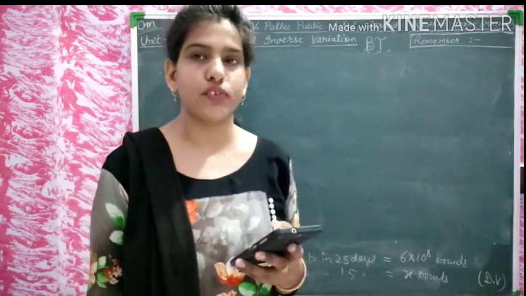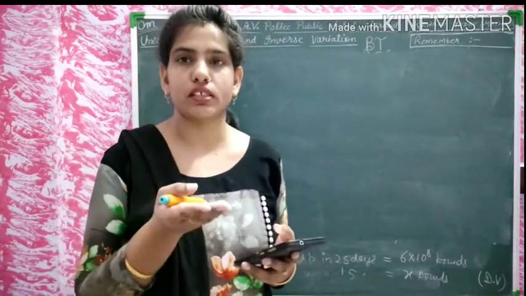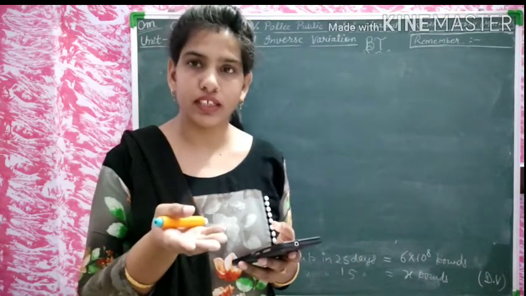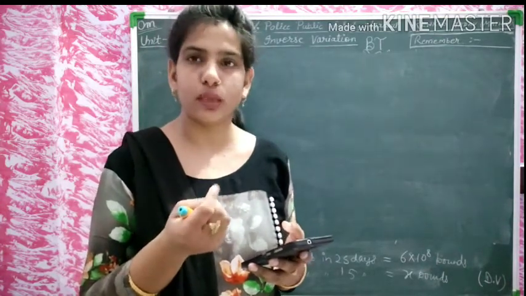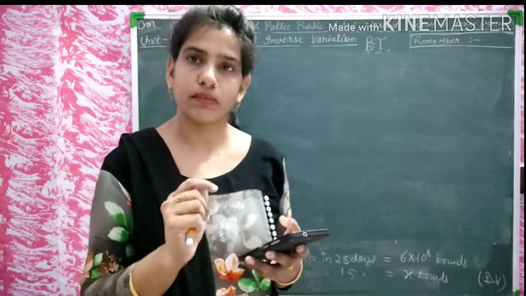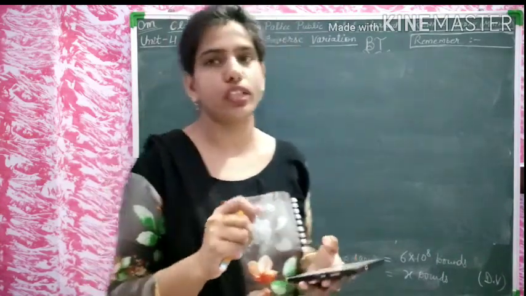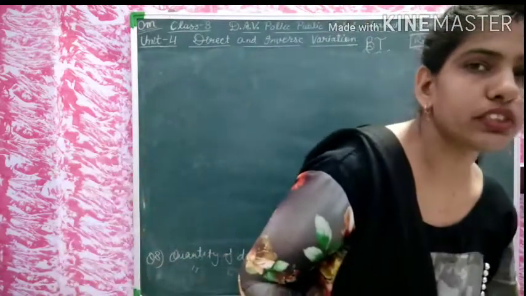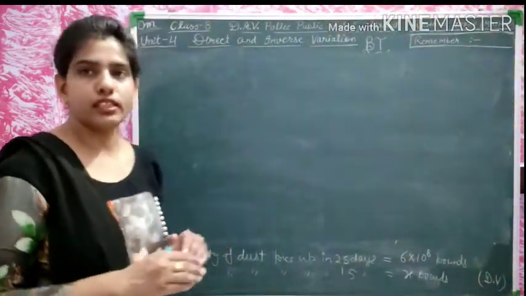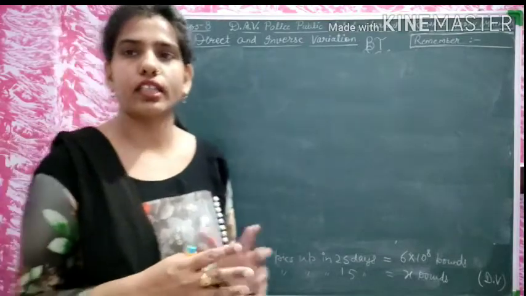In 25 days, earth picks up dust, that is, quantity is 6 into 10 to the power 8 pounds. Is this clear? How much dust will it pick up in 15 days? We have to find how much dust is picked up by earth in 15 days.